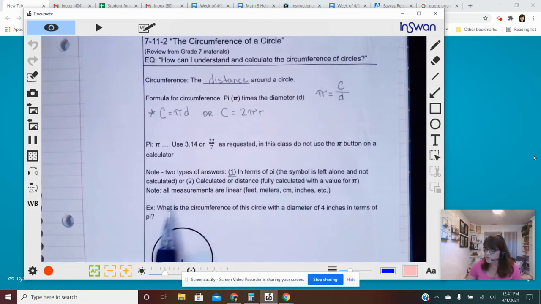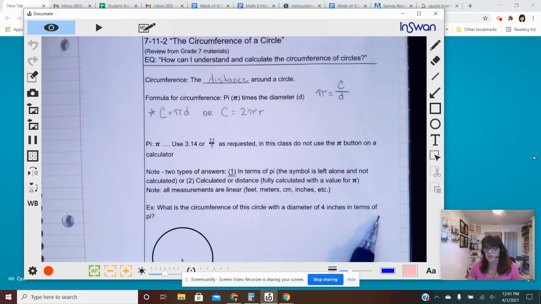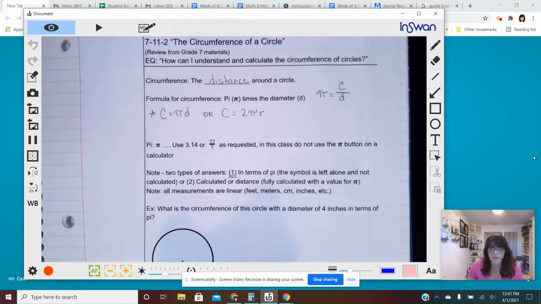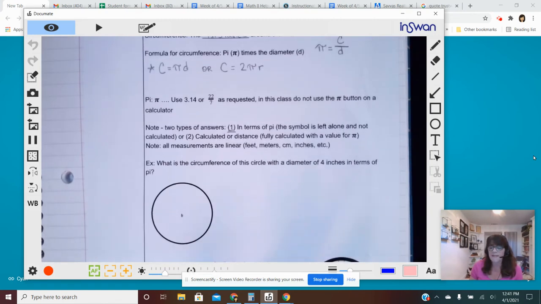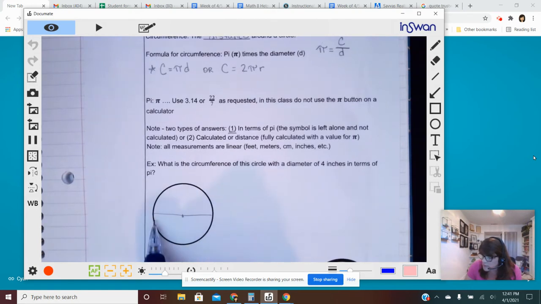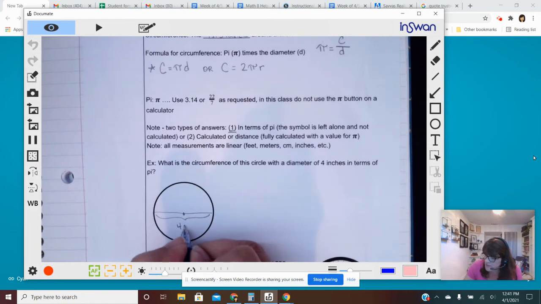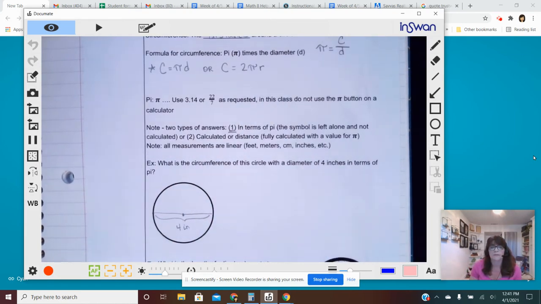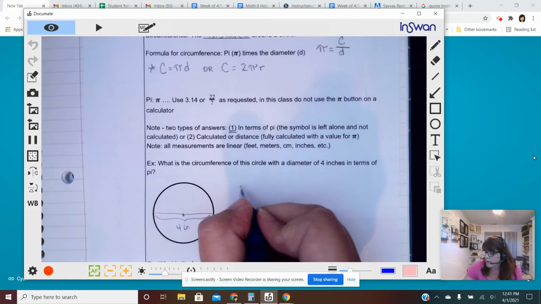So in this one, what is the circumference of this circle with a diameter of 4 inches in terms of pi? So here's my circle, and it says the diameter is 4 inches. Well, I know the diameter goes all the way across. So this right here is 4 inches. Okay. Write down the formula.